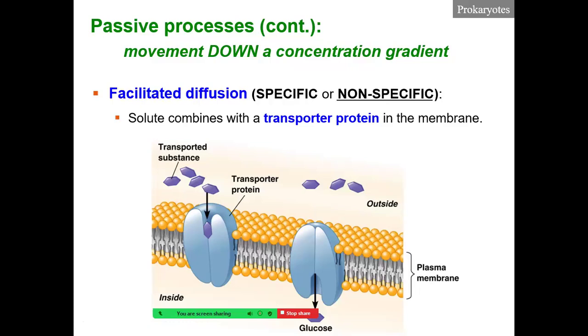Like when you eat a lot of fruit, you have a lot of fructose in your gut, and that fructose will move into the cells by facilitated diffusion. That's the only way that fructose moves into your cells. Any question about any of that?